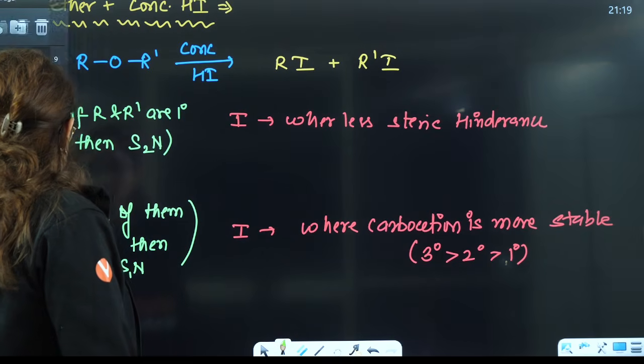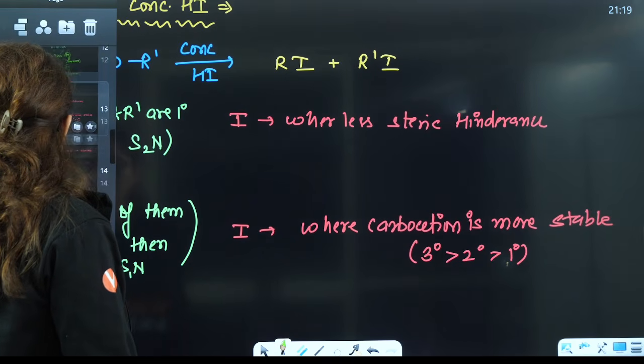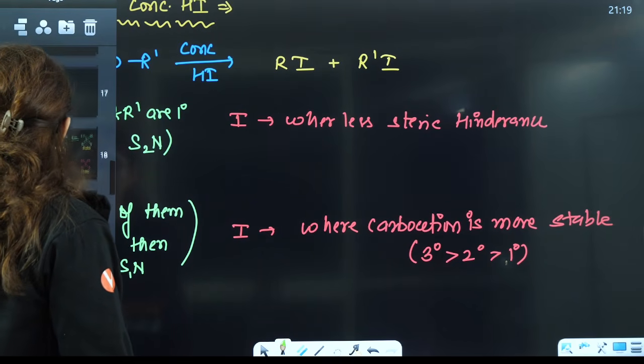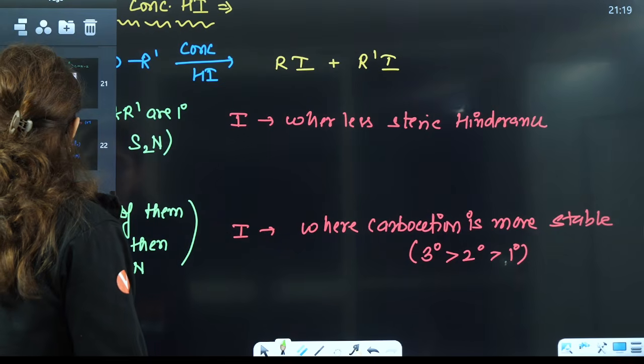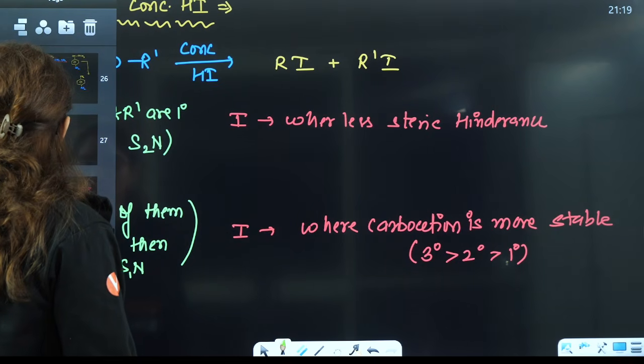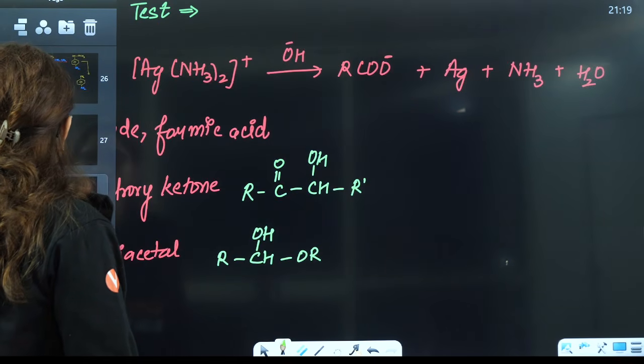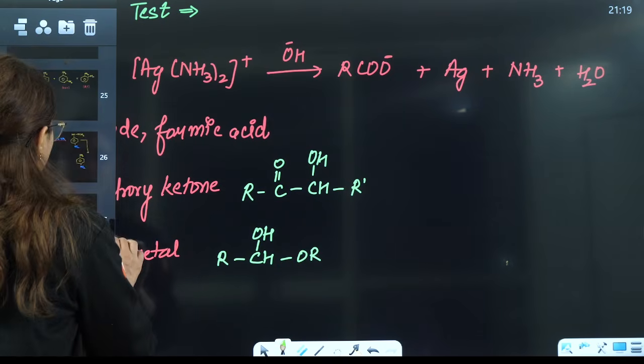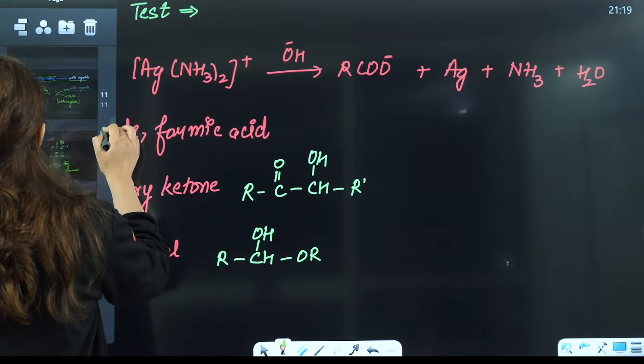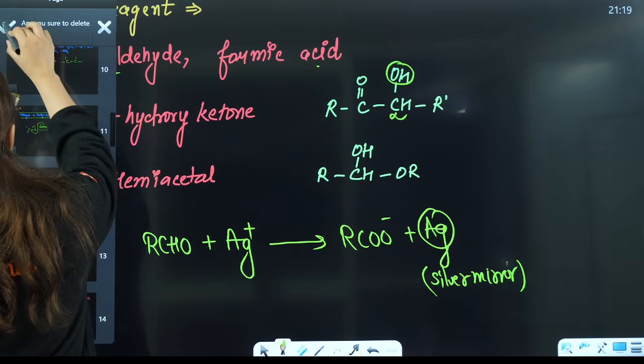Okay. Next part I would like to tell you about, wait a minute. If I am writing Tollen's test here, then it's better to write it, okay? So I'll delete that only, because it is here also.